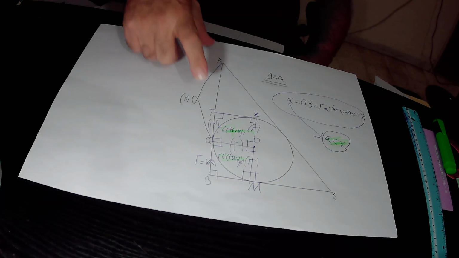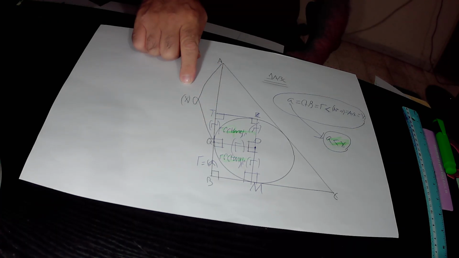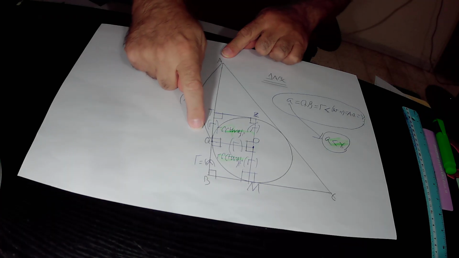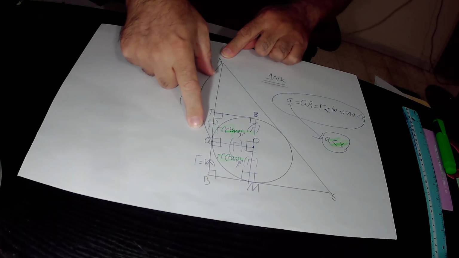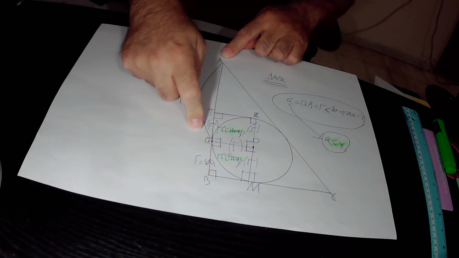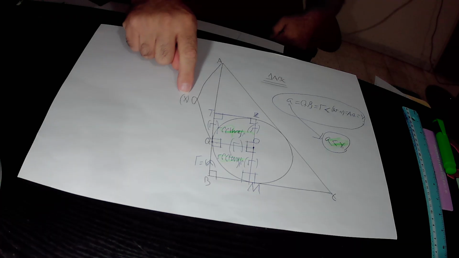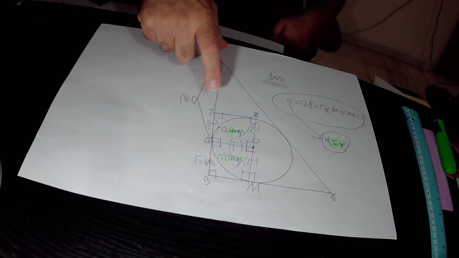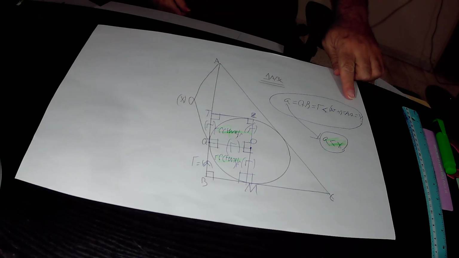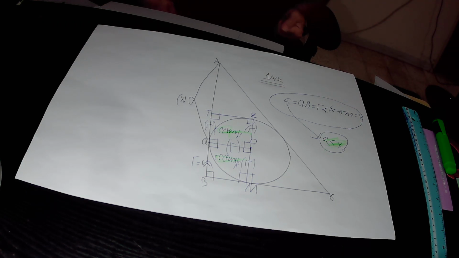What about AQ? AQ equals X, but AQ equals AT plus TQ. TQ is R, so in total AQ equals AT plus R. So we found out that AQ equals X and AQ also equals AT plus R. AT is a length, it is absolutely a positive number.